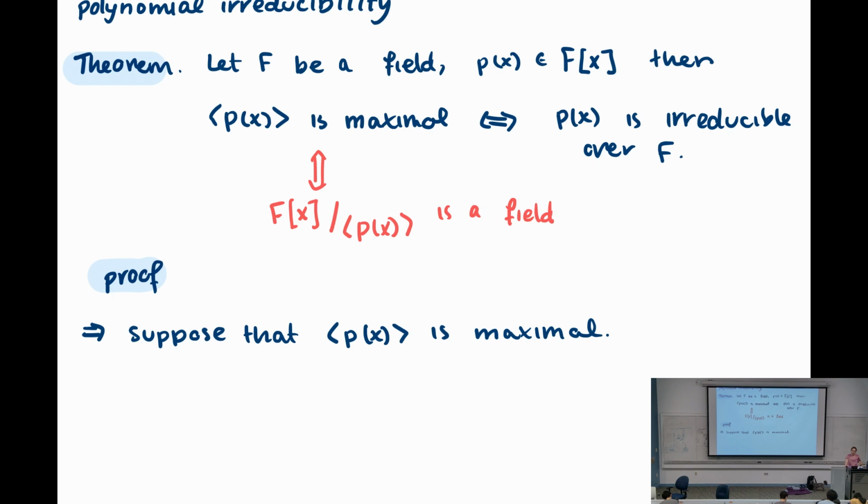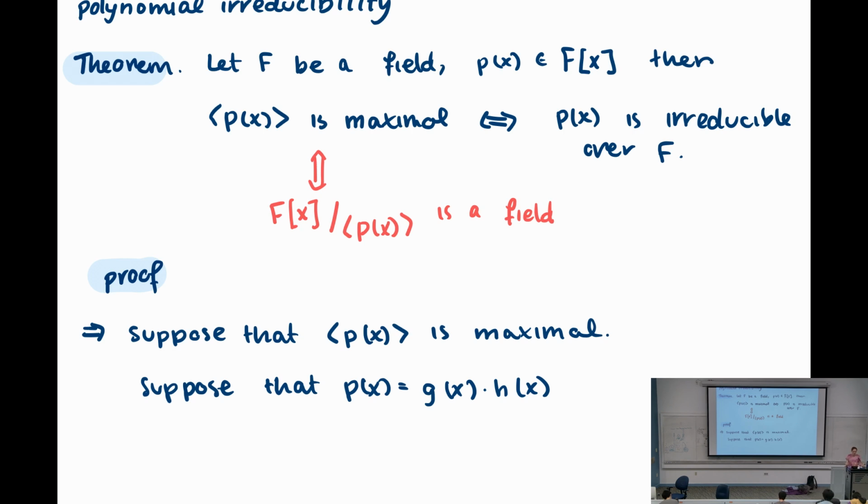Then we can suppose that P(x) is equal to G(x) times H(x) for some G and H in F[x].